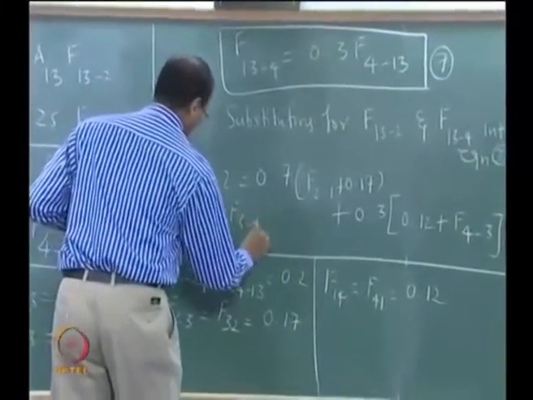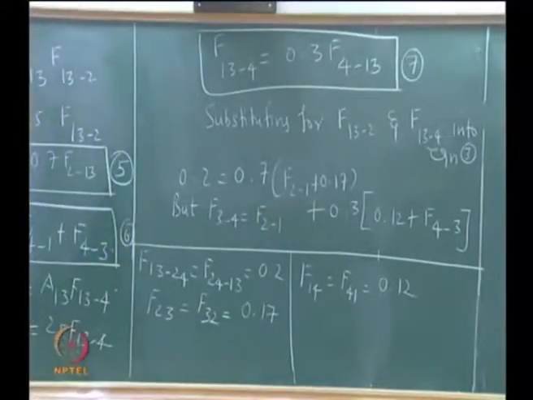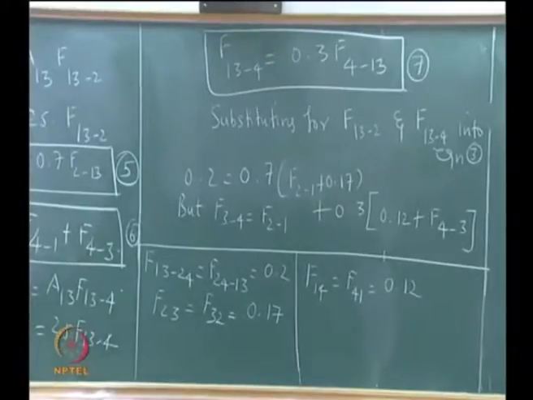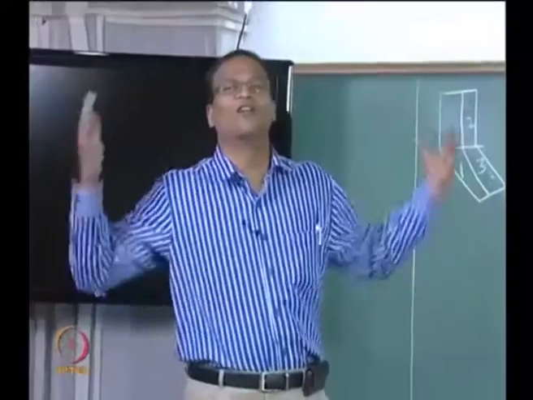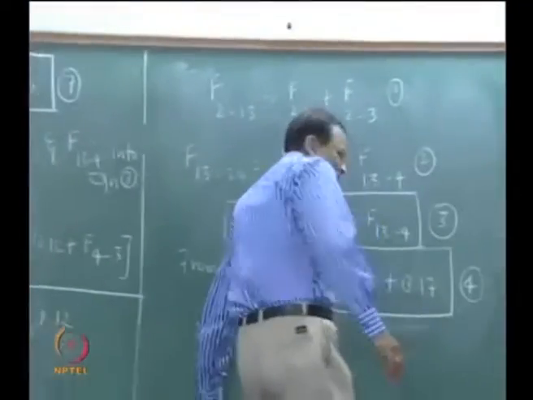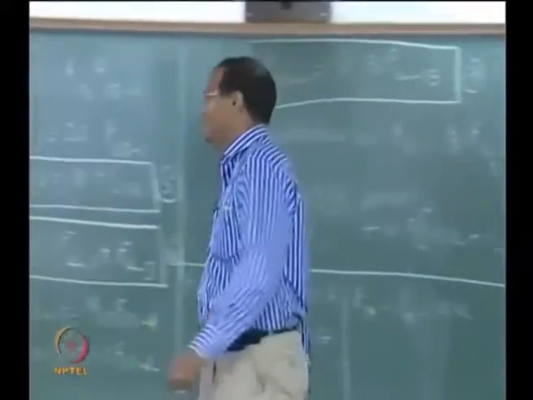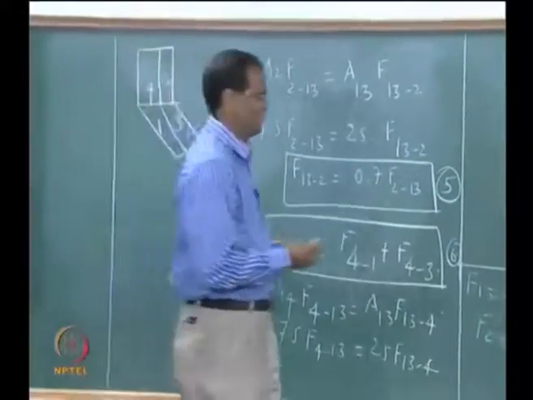F34 equal to F21. So shall we give a name to this? Law of corresponding corners. This is called the law of corresponding corners. Okay. It is important to give a name so that you do not forget.